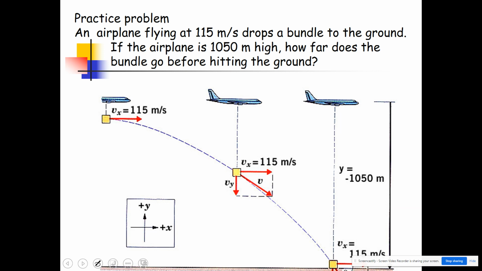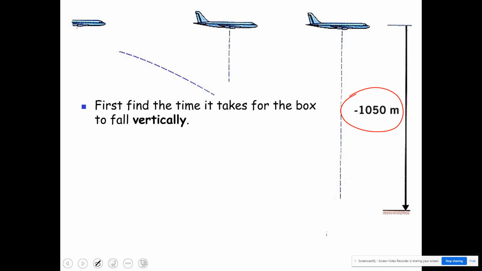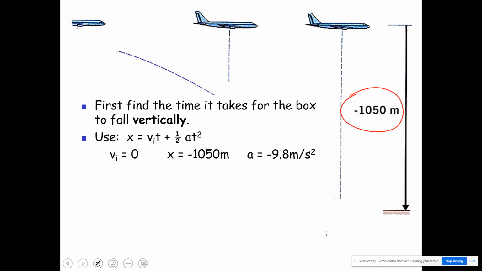So let's break it down into our two pieces. Here's that airplane, and we know that it was 1,050 meters high. So I take my vertical formula. We know that it's accelerated velocity, so I'm going to use the master equation. Remember, Vi is 0, x is negative 1050, and the acceleration is 9.8 meters per second squared.